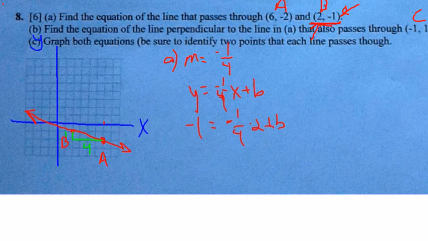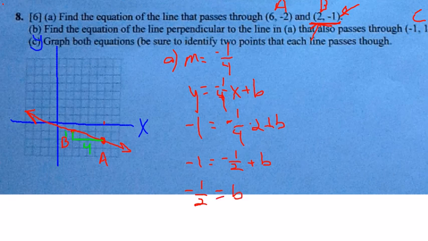So I'll write that: -1 equals -1/2 plus b. I need to add 1/2 to both sides, which gives me -1/2 on the left side equals b.